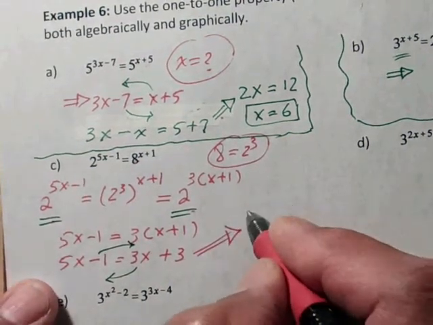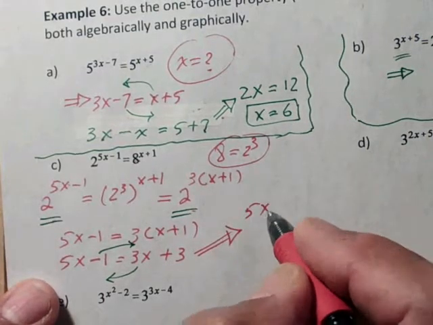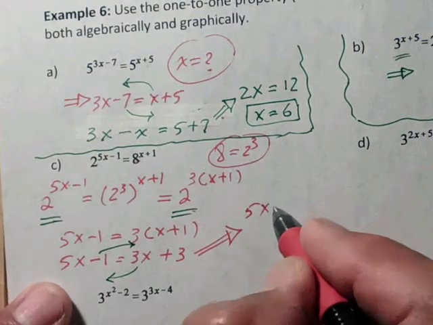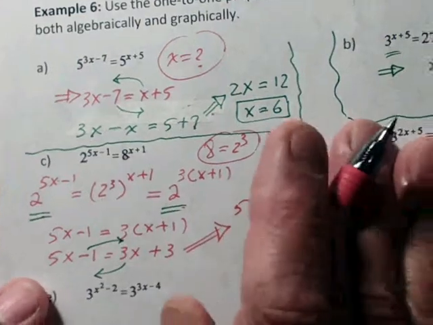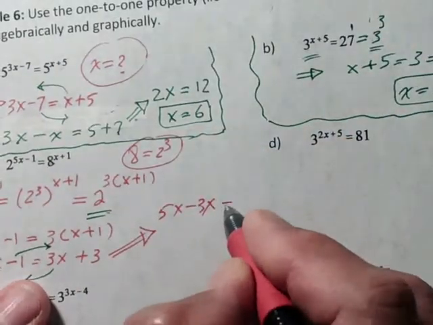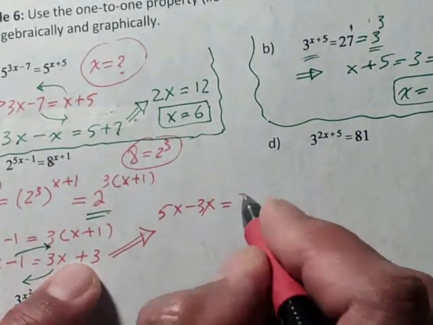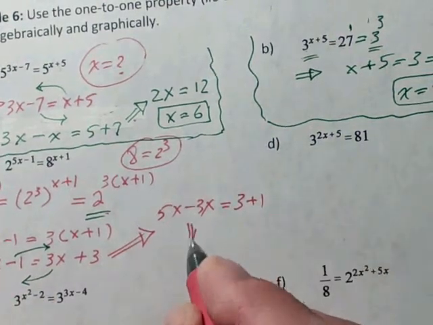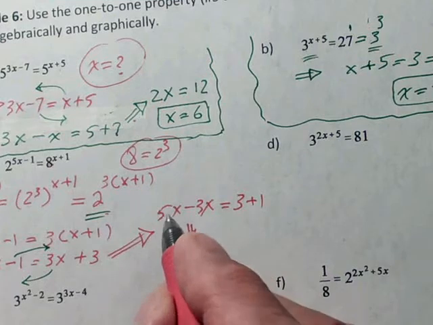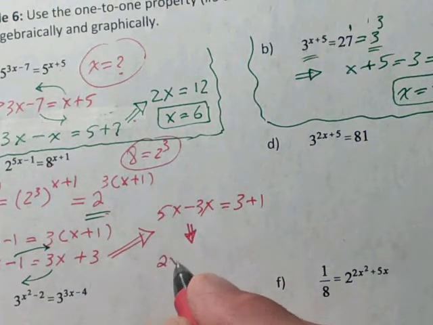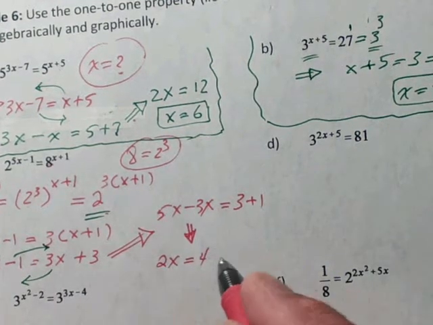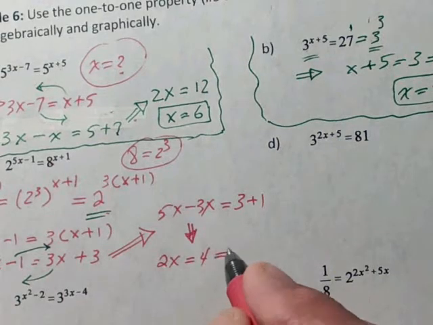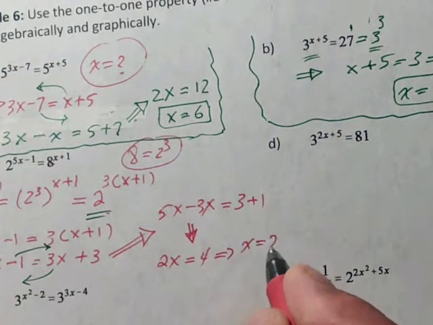So I get 5x minus 3x is equal to 3 plus 1. 5x minus 3x is 2x equal to 4. So x is equal to 2.